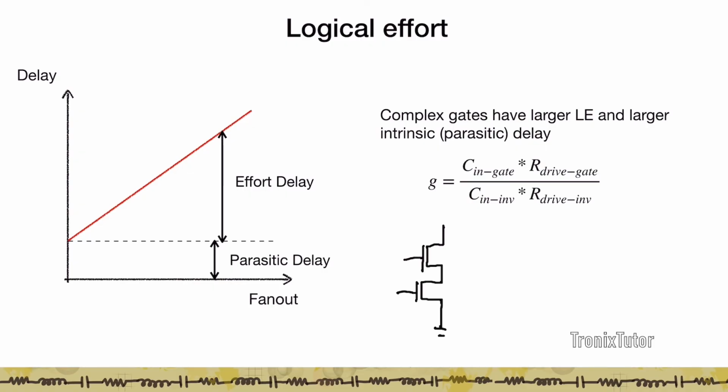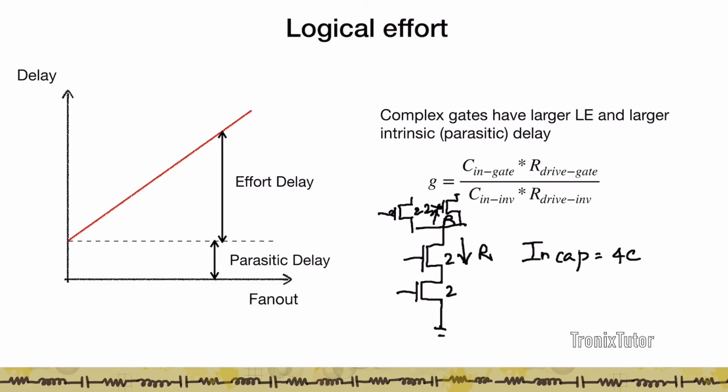If you look at the two input NAND gate, it had an NMOS stack which was sized 2 and 2, and then a PMOS stack which was also sized 2, right? And so if you look at the resistance, the pull down resistance of this stack is R, the pull up resistance is also R, and therefore the input capacitance of this gate is 4C.